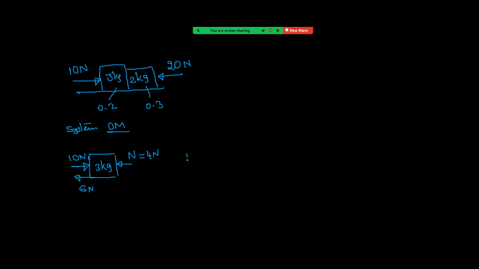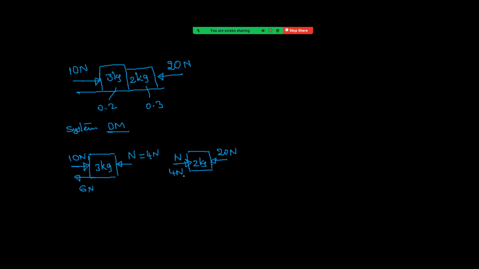Next, coming to the 2 kg block. See what we can do. Normal reaction by the 3 kg block, 4 Newton. That is N. Applying here 20. I can say this is 20 left side. Here normal reaction 4 right side.